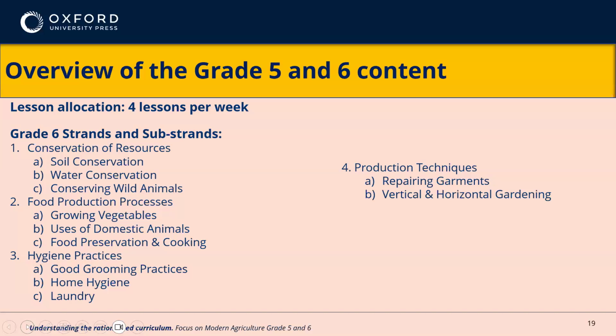Then we have food production processes like growing vegetables, uses of domestic animals, and food preservation and cooking. In the third strand, we have good grooming practices, home hygiene, laundry. And then the last one is again production techniques. In this case, they're learning about repairing garments, vertical and horizontal gardening.